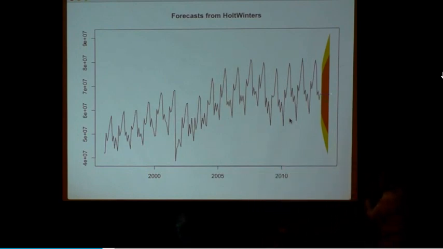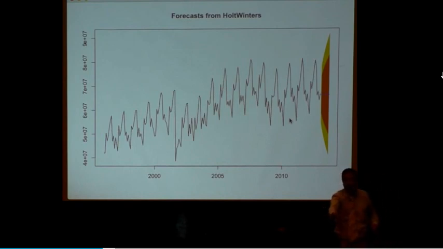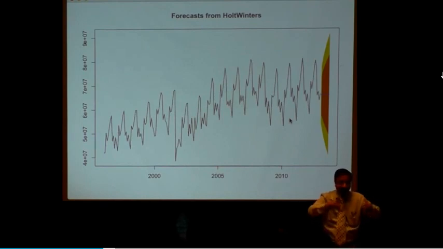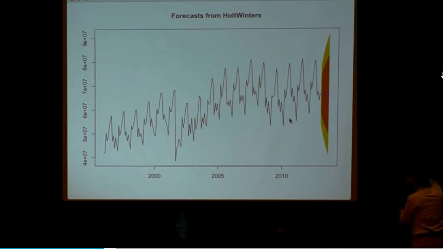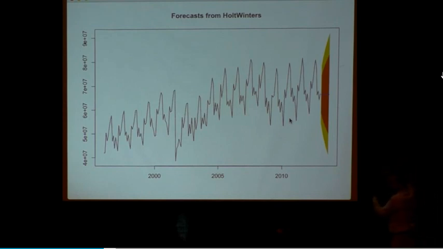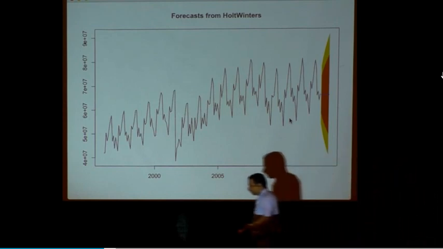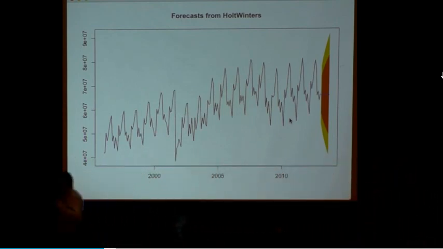But you see, the confidence interval is increasing because I have forecasted some value for the next time period. Obviously, there will be some error, but I am continuing to go with that. The errors are building up. So my confidence is in a way going down. So the confidence intervals keep going up. But if there is no trend and no seasonality, that's what the forecast is going to be.